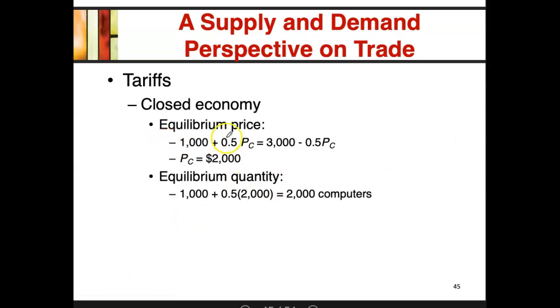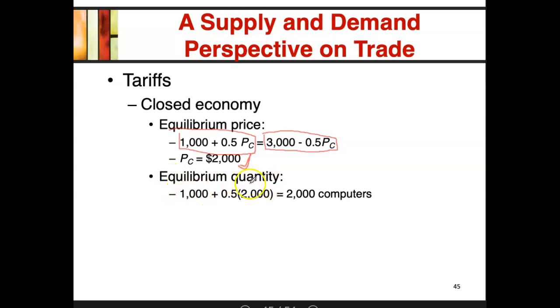And to find that, we actually have to equate supply and demand. Okay, so this is our supply equation. Remember, equilibrium is the point where supply equals demand. And this is our demand equation, right? So equating them and solving for PC, we find PC is basically $2,000. Okay, so this is the closed economy price.